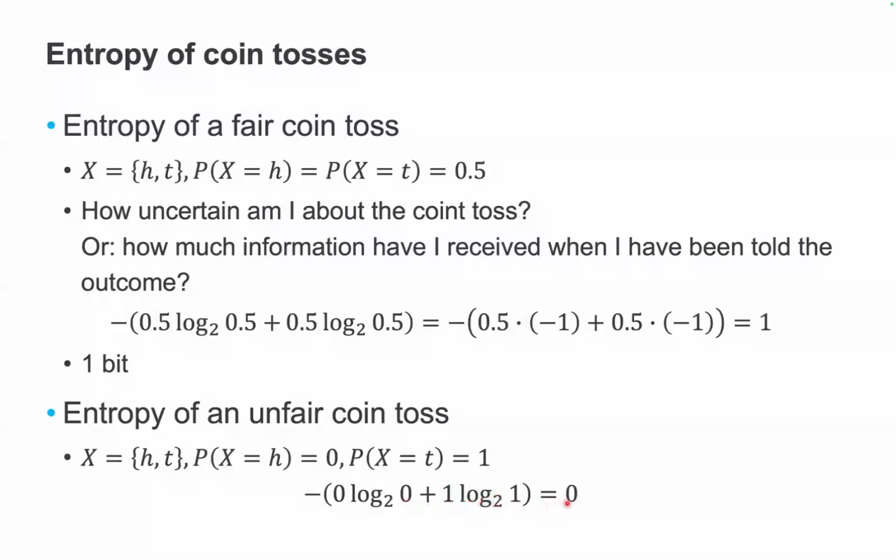So I have 0 plus 0 is 0. So when a coin is unfair, it always gives me tail. There is no surprise, there's no uncertainty, and there is no information content that's conveyed when I learn that the result of this coin toss was actually tail. Therefore, the entropy is 0.